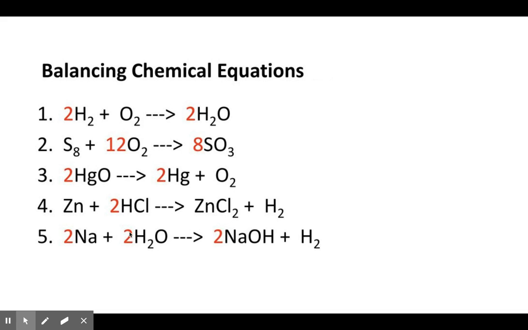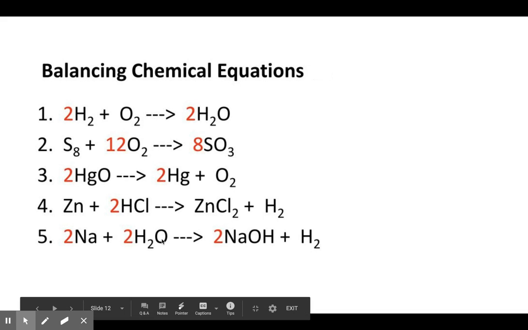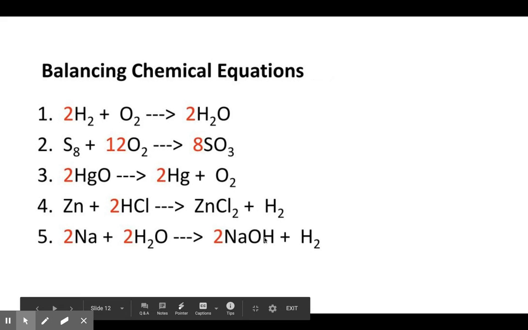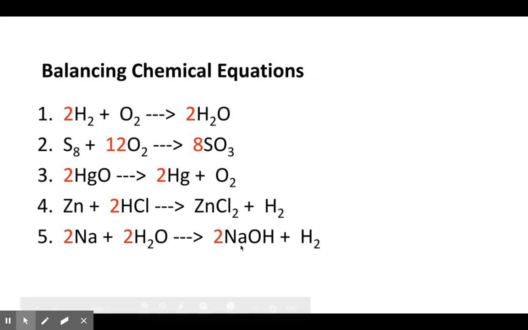And when I bump it up to 2, I create 4, not 3, right? I had 3 on this side, but I can't make 3. I can only make 4, which means that I have to add the coefficient 2 here, which means now I have 4 hydrogens on this side and 4 hydrogens on that side. But because I added my 2 here, I also changed the number of sodium atoms. The Na is for sodium, which means I needed to add a coefficient 2 here.